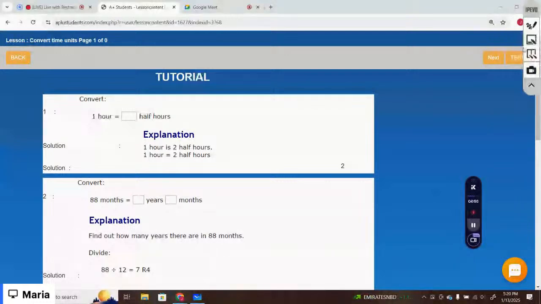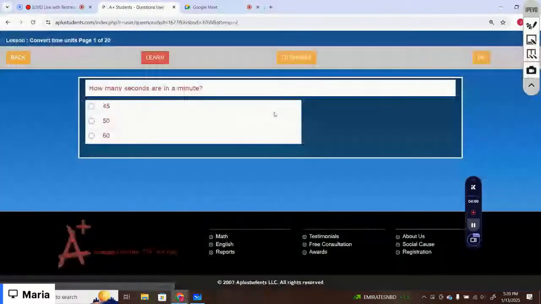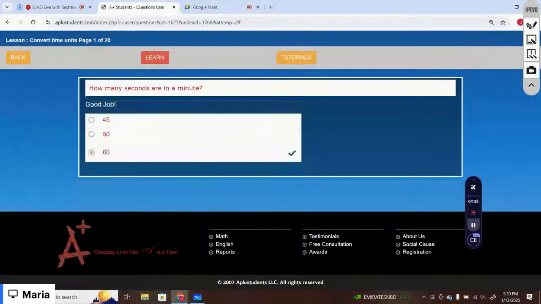Let's just start with the test questions. How many seconds are in a minute? Which is the correct option? There are 60 seconds in a minute. The correct option is 60.